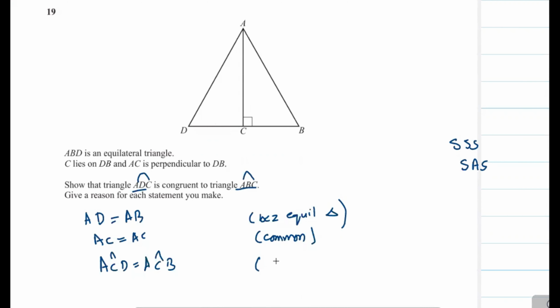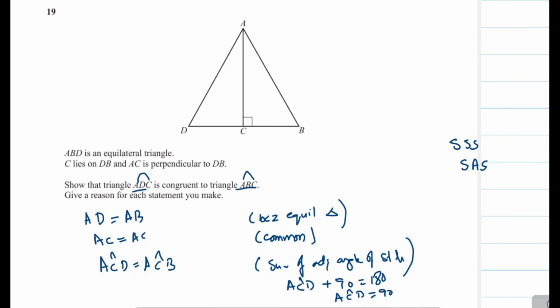Sum of adjacent angles on a straight line: ACD plus 90 equals 180. Therefore, ACD will be equal to 90.